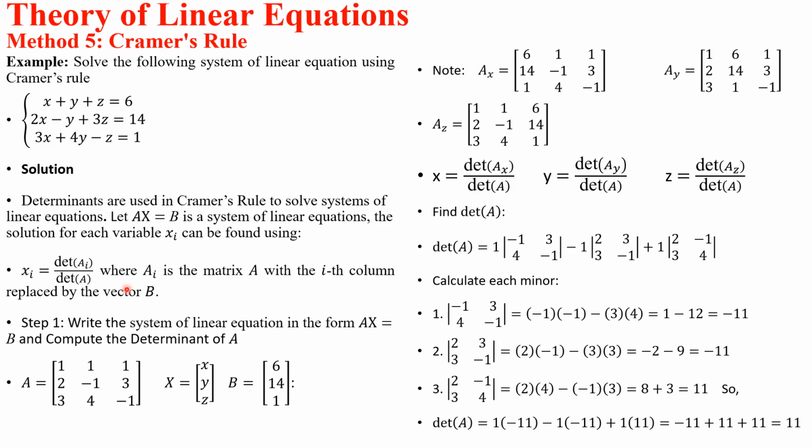What we are trying to describe here is that this is the matrix A, the main matrix component of the system of linear equations. So we then can find AX. What is the difference between matrix A and matrix AX in this context?